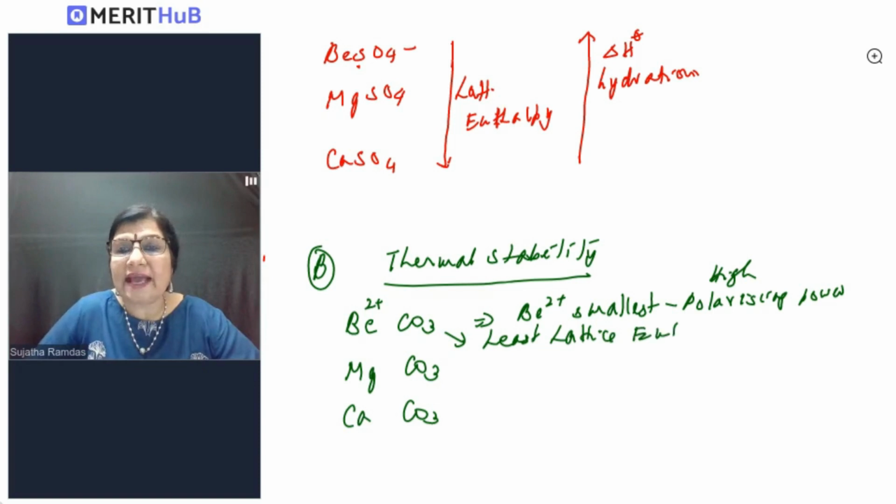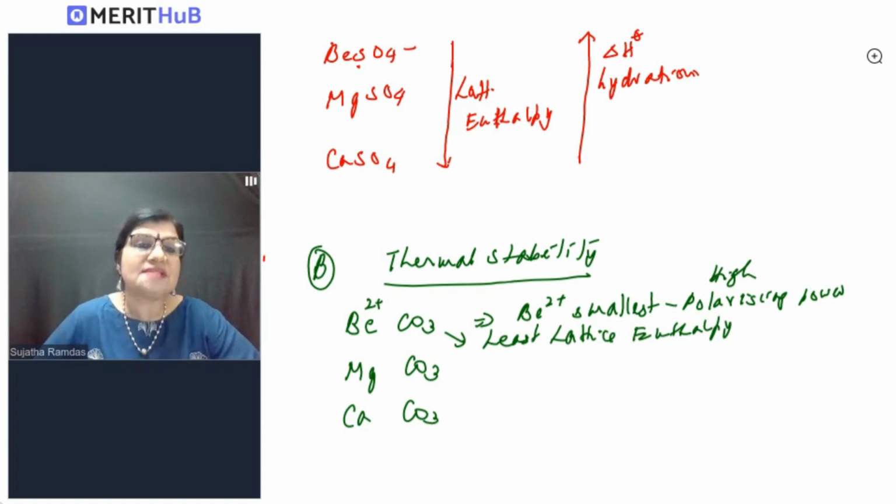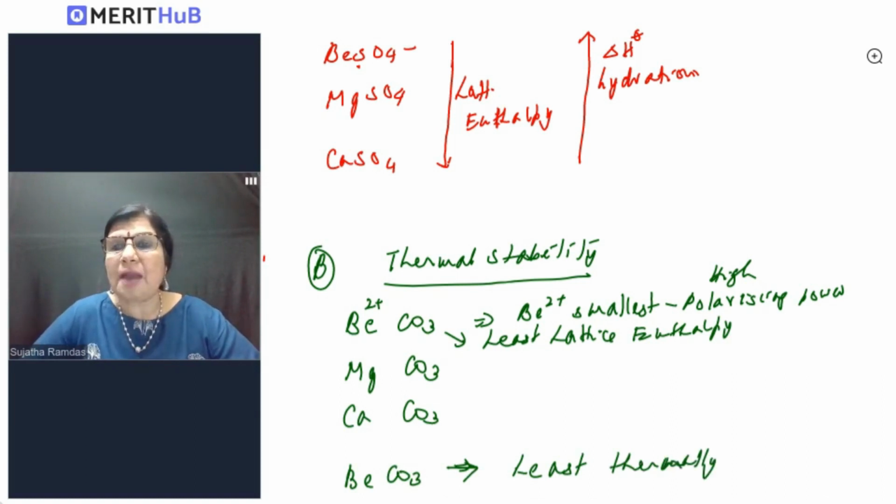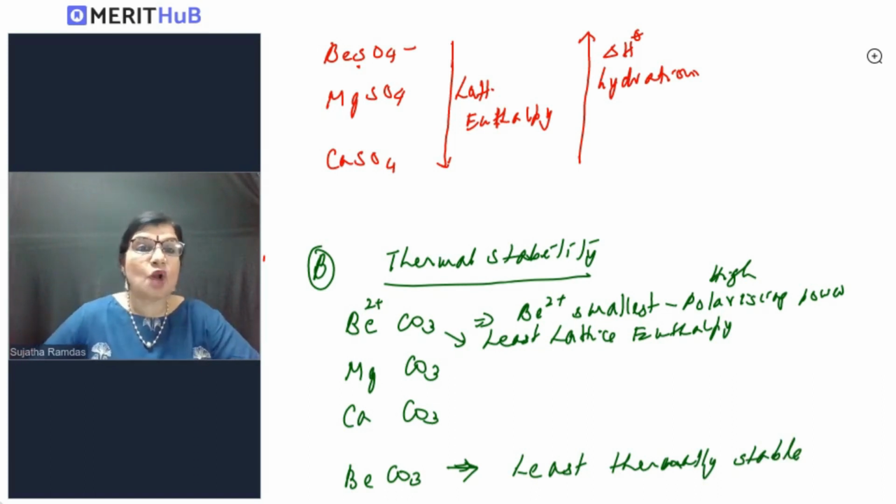Least lattice enthalpy implies the least thermal stability. So beryllium carbonate will be the least thermally stable. On heating, it will decompose most readily. The decomposition temperature of beryllium carbonate will be the least because of its very low lattice enthalpy.